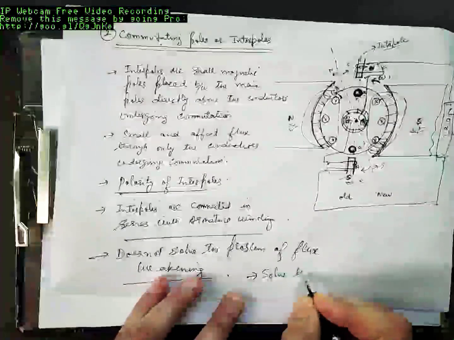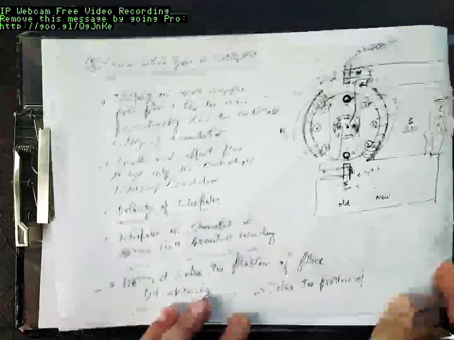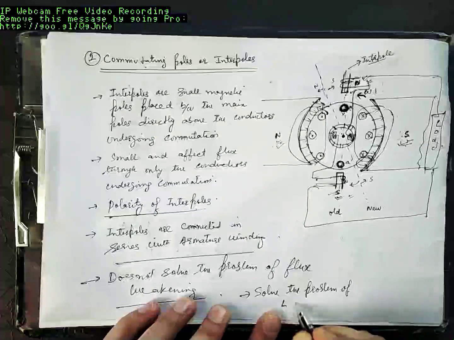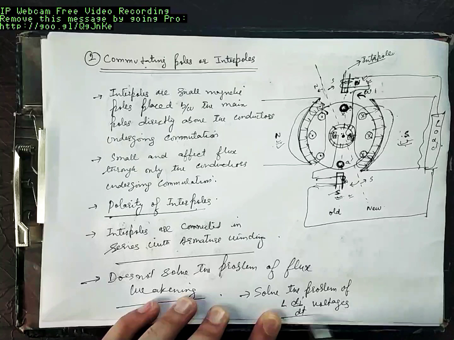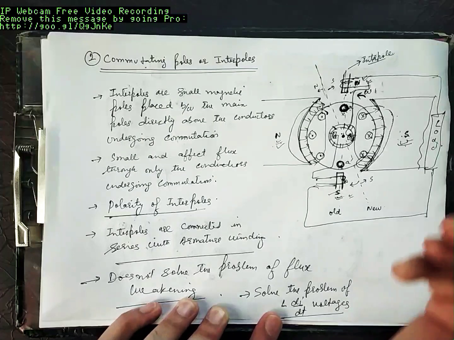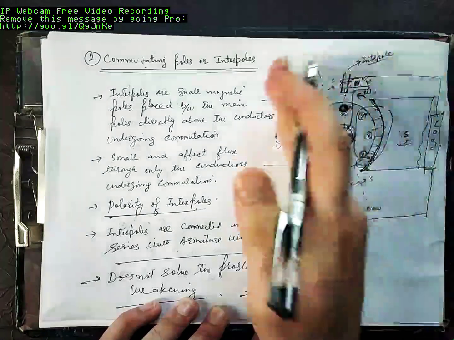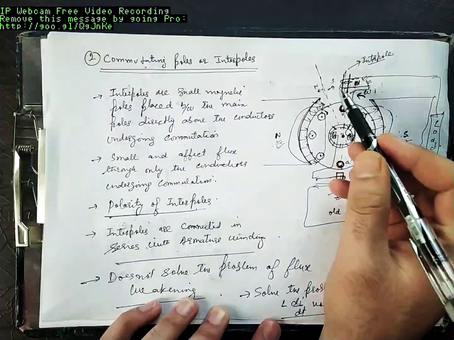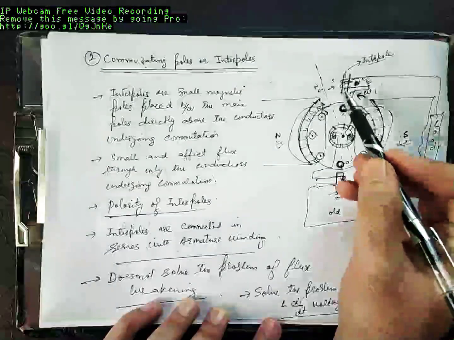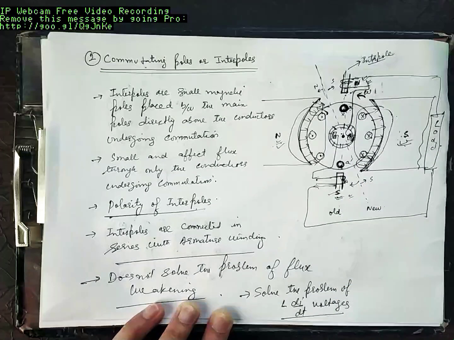How? When a conductor moves from south pole to north pole, there is the reversal of current. The interpole induces a voltage opposing the L di by dt voltage, opposing the voltage because of inductive kick, such that there is no voltage induced in the conductors and there is no sparking.